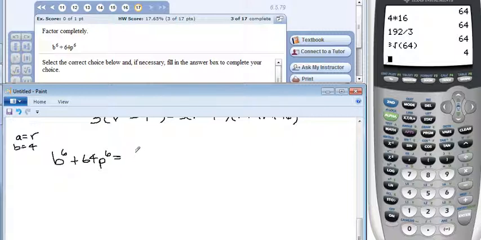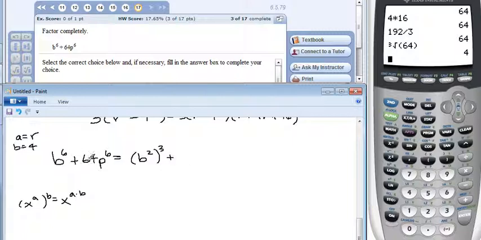I want to rewrite it as cubes, so it's a sum of cubes. Well, how do I turn b to the 6 into something cubed? Well, remember my rule on exponents. X to the a to the b is x to the a times b, right? So I can write this 6 as b squared cubed, can't I? Isn't that b to the 6? Using this rule, isn't this the same thing as 2 times 3, which is 6?